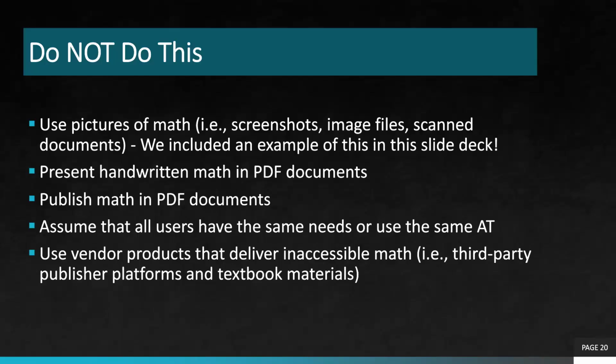But it's important to think about how that content is being generated by the content creators and the publisher before you adopt that material and put it into your classroom for your students. Otherwise, they won't be able to use it, and a lot of retroactive remediation is going to be required.